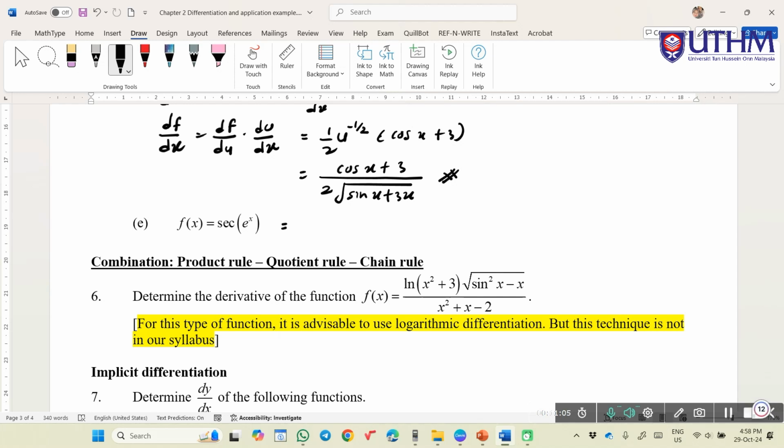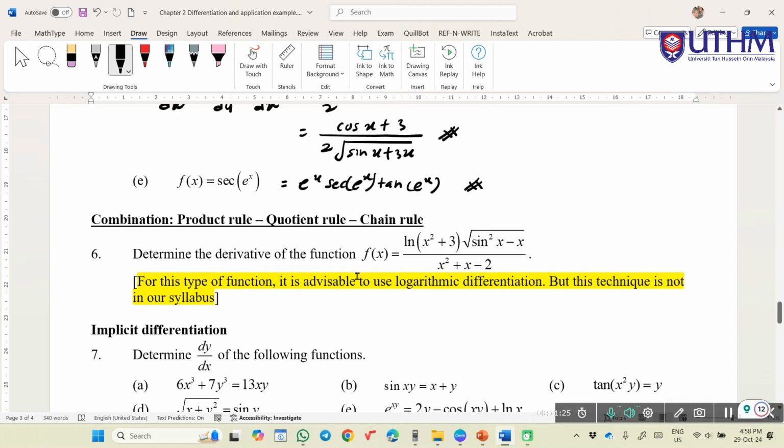So we have the exponent x: sec exponent x tan exponent x. Okay, please be careful about the angle and the exponential.